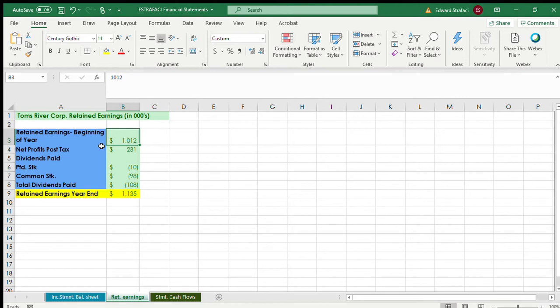Preferred is an obligation, but dividends for common is an election that's determined by the board and on advice from the executives. They make those payments, and once those payments are made, then whatever's left over gets plowed back into the business.